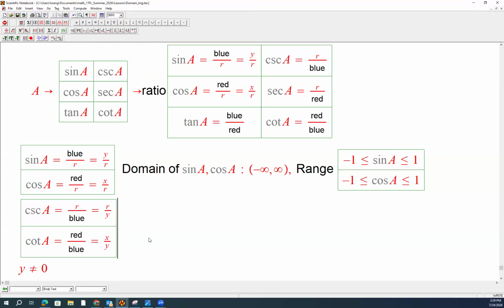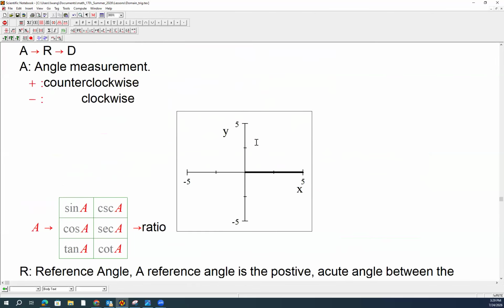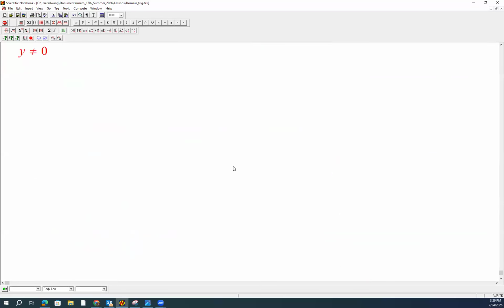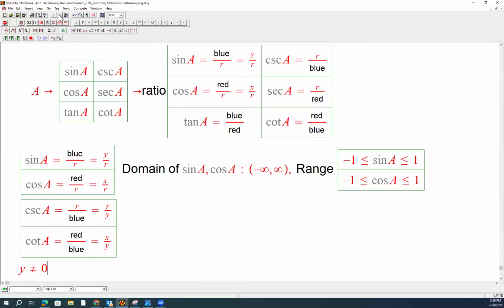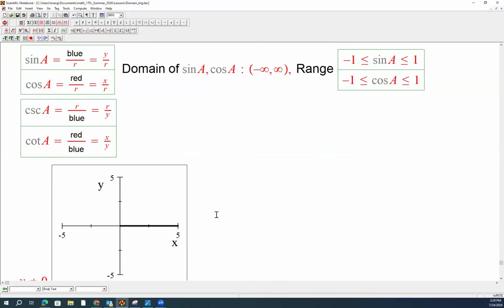So we ask the question: when does Y equal 0? When we measure angles, when will Y be 0? We're going to draw any angle. In this case, Y is 0.